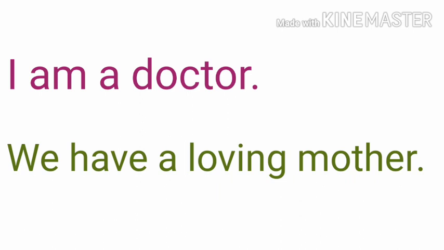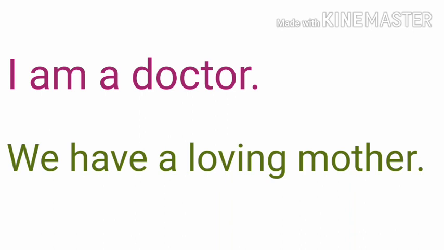Look at the examples. I am a doctor. Look at the next sentence. We have a loving mother. Here, with the pronoun I, we have used the verb form am, and with the pronoun we, we have used have.